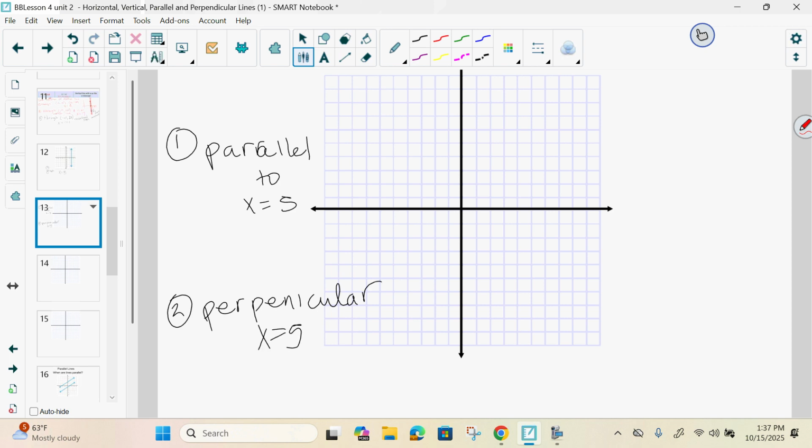So I'm going to draw x equals 5. So I go to the x-axis, I hit 5, and then I'm gonna draw a line that's vertical, because that's what my x is.